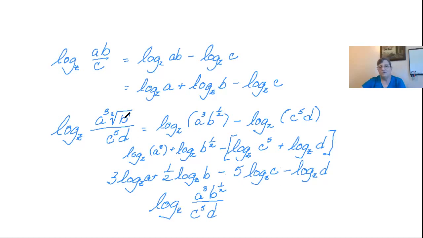I just didn't bother to rewrite the B to the 1/2 as a square root. So you can learn to take these apart really quickly, and you can learn to put them back together really quickly. It's just a puzzle. Don't try to make something hard out of it. It's not so bad. A little bit of practice and you'll have this definitely under control.